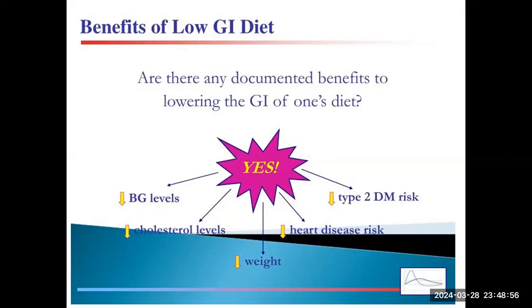So a low glycemic index diet has several benefits. It lowers blood glucose, cholesterol, body weight, heart disease risk, and the risk of type 2 diabetes mellitus.